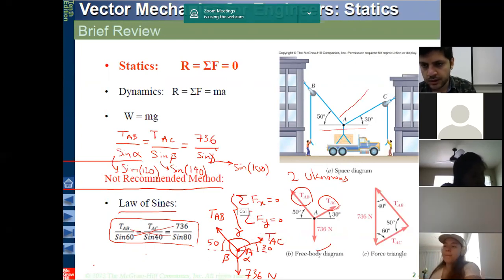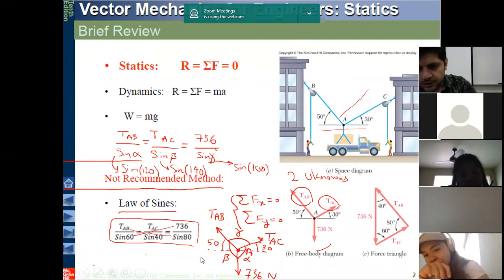But in a statics course, in the two-dimensional case you have two unknowns, and in three-dimensional cases you have three unknowns. So let's go to the next slide.